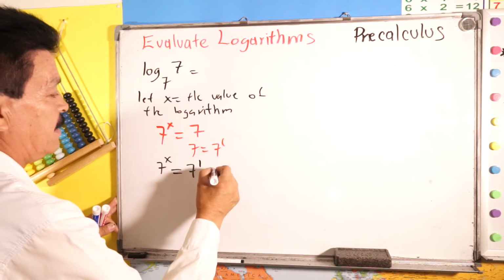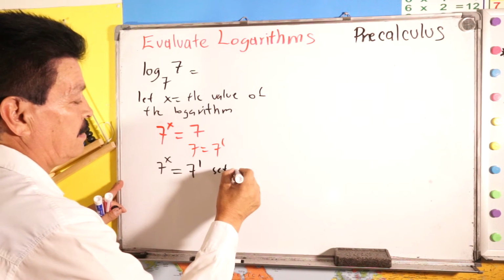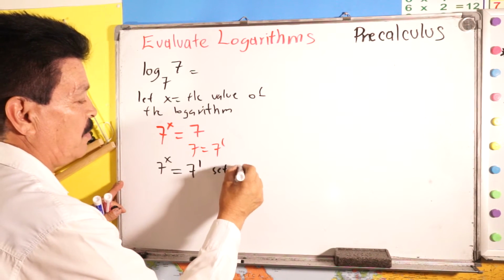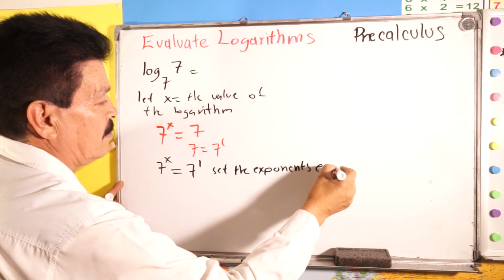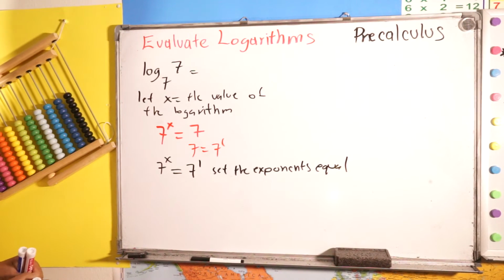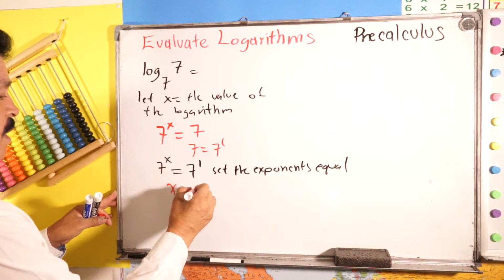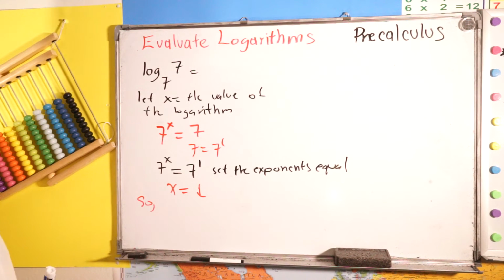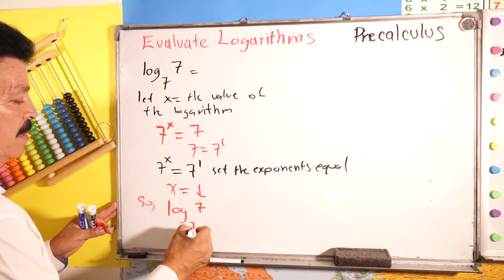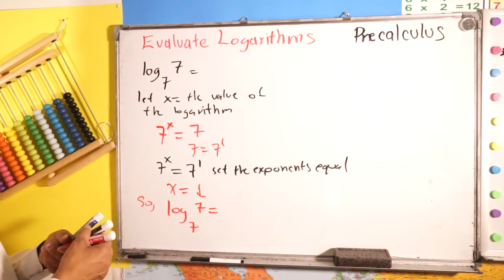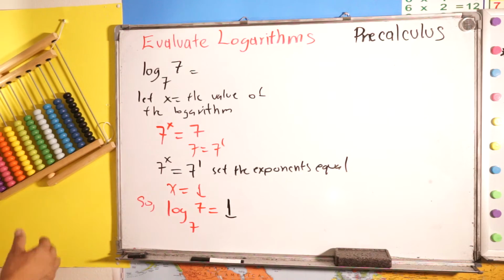Set the exponents equal. Then we have x equals 1 again, so log base 7 of 7 equals 1. It's like the problem before.